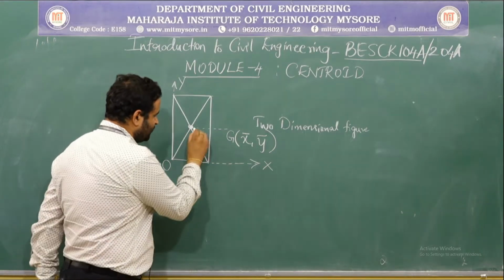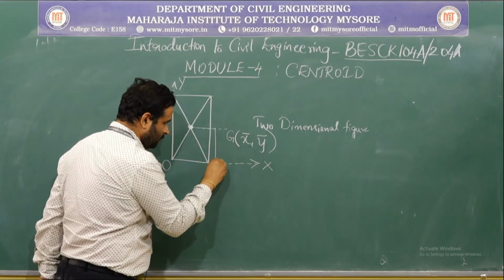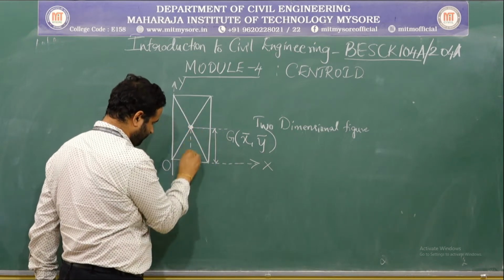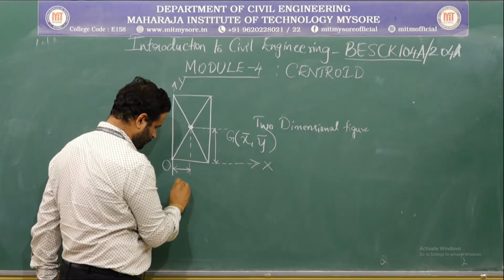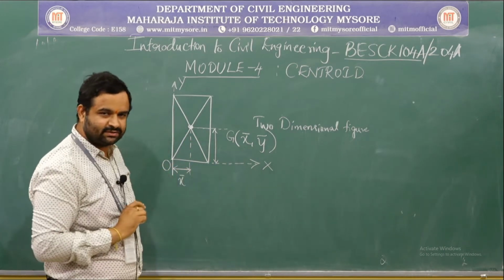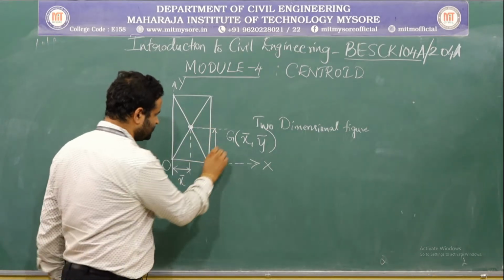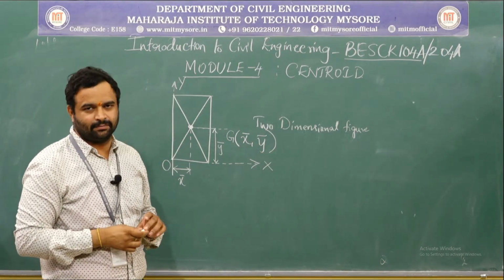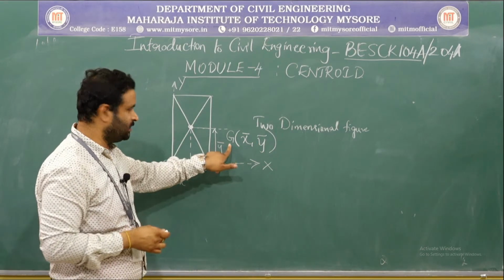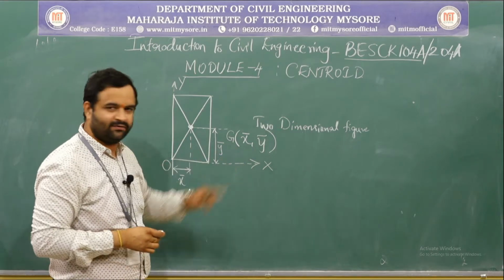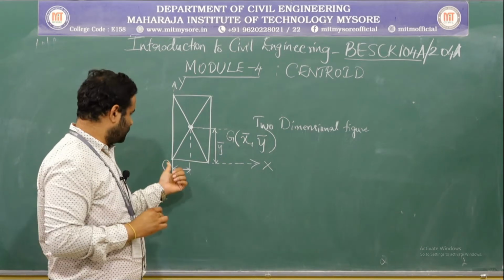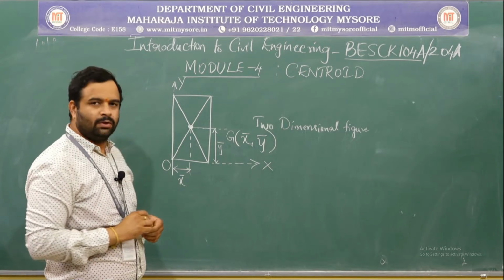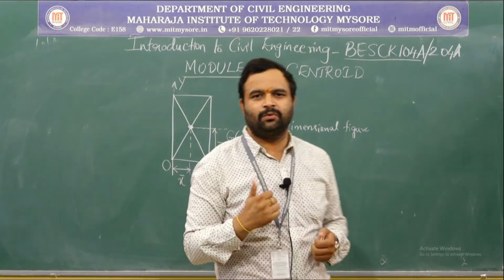This is nothing but the horizontal distance x bar and the vertical distance y bar, which is represented in the coordinate system. So, always this centroid should be located with the help of the coordinates with respect to the origin. Okay. So, centroids can be located for geometrical figures.